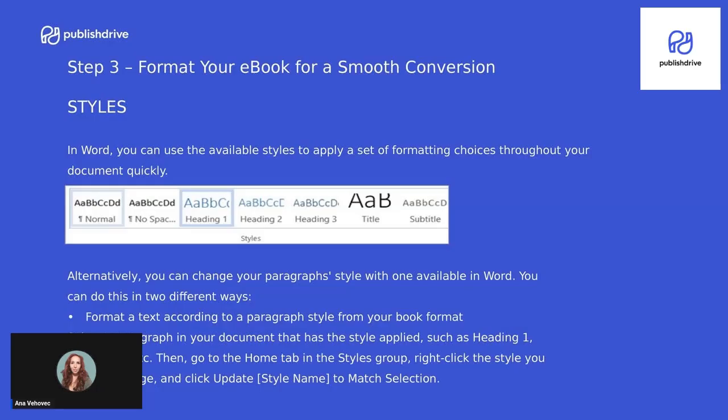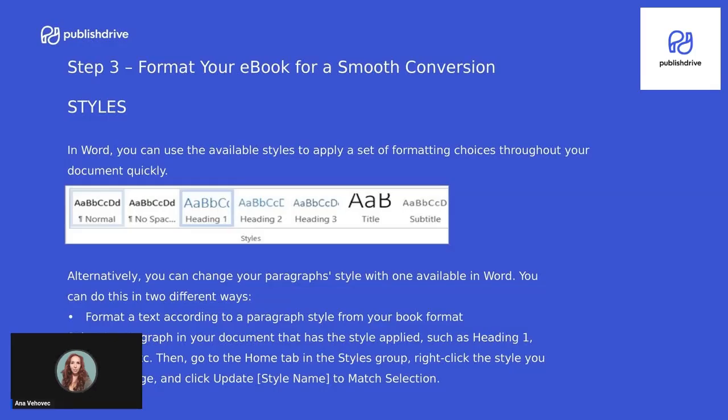Say the first paragraph is formatted according to your liking and you want that style applied throughout the book. You select a paragraph in your document that has that style applied, and then go to the Home tab, Styles group, select the style, and update that style to match selection.